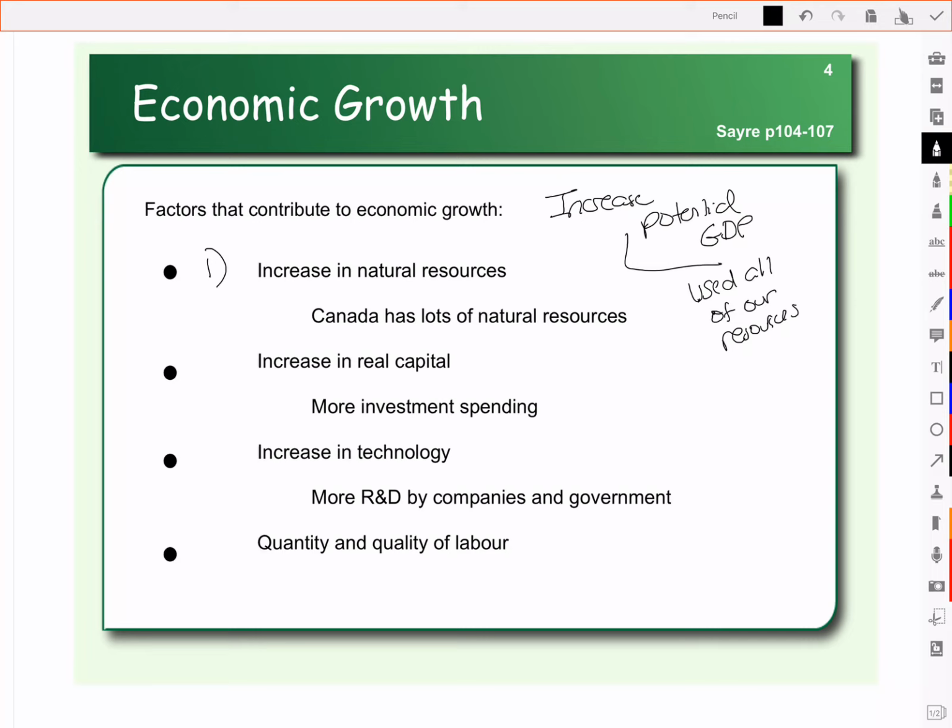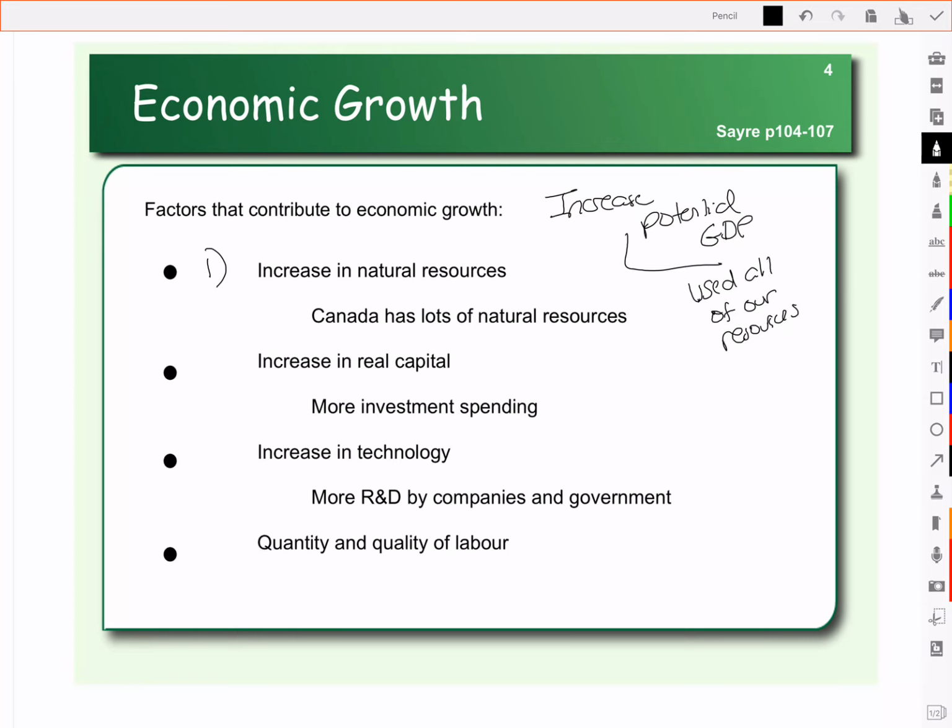So if you think about the colonization of Africa back in 1880, the reason that you had England and France and Belgium and these countries move in to Africa and colonize this area is because they were looking for more natural resources so they could get economic growth.